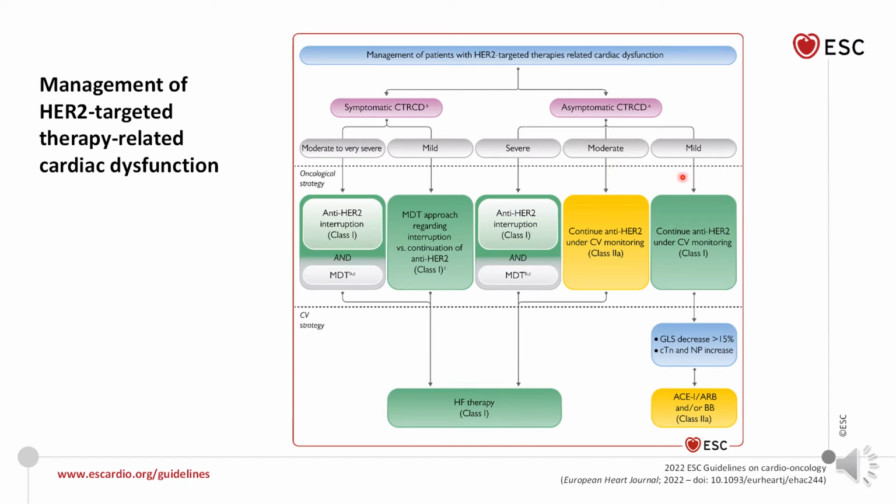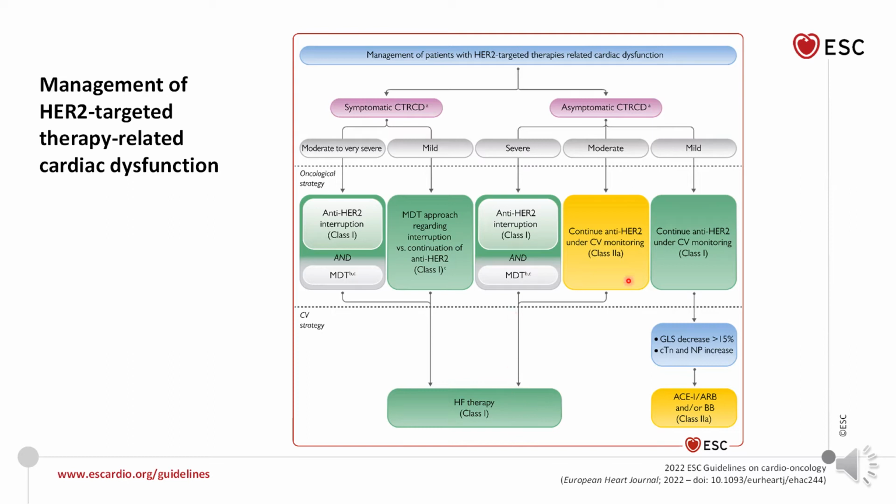only in mild, and here more than mild, moderate asymptomatic, we might continue therapy. And also in mild symptomatic. In other scenarios, we should interrupt therapy and start heart failure treatment.